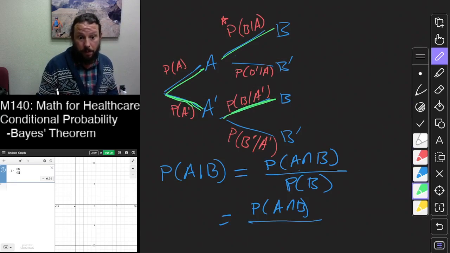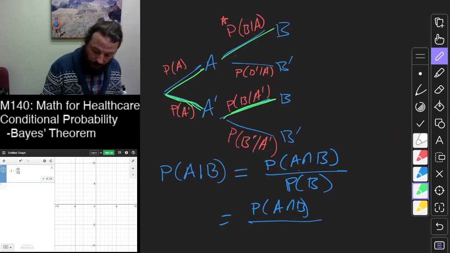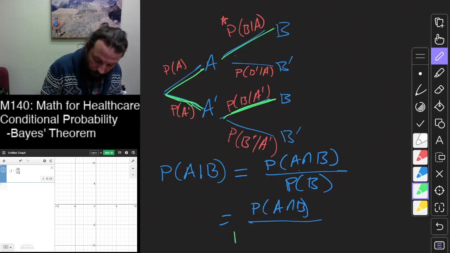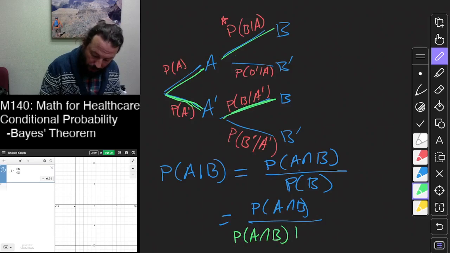We could go to B through A, so that's A intersect B, plus the probability of the other path, through A complement, B.